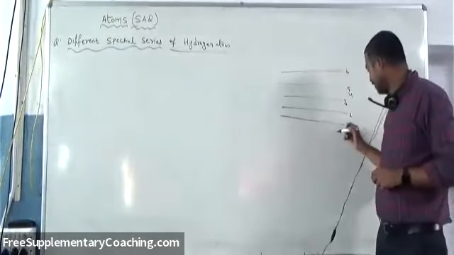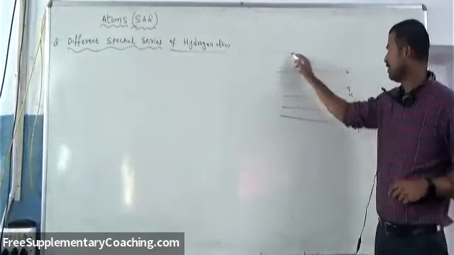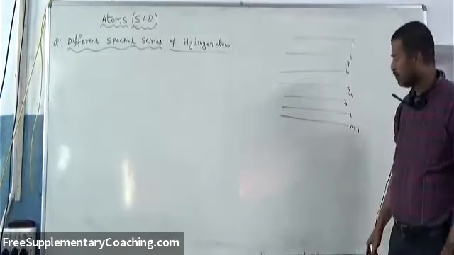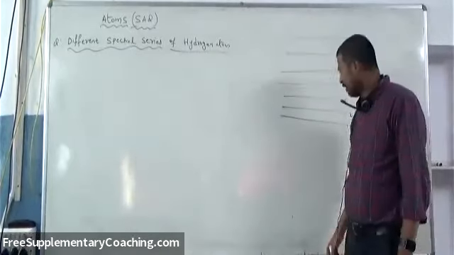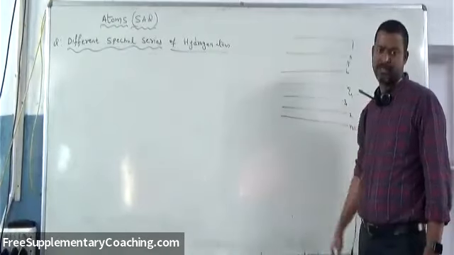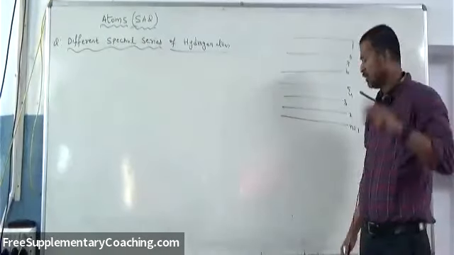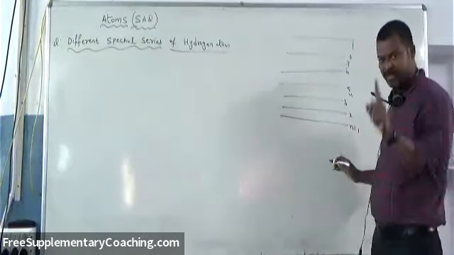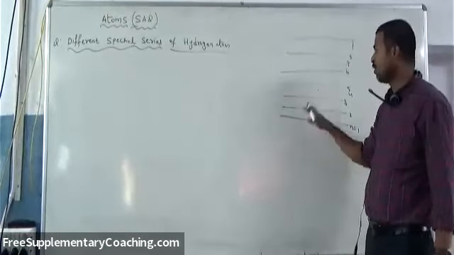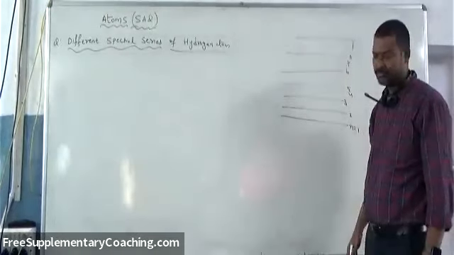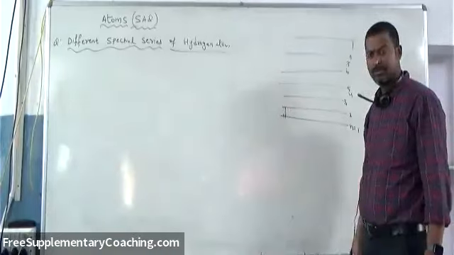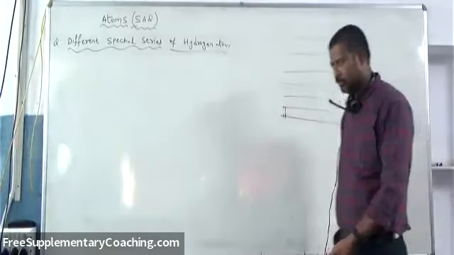There are different energy levels. I took here 7, 8, 9 levels also. If an electron makes a transition from a higher energy level to the ground state, that means n equal to 1 is the ground, and the remaining are higher energy levels.